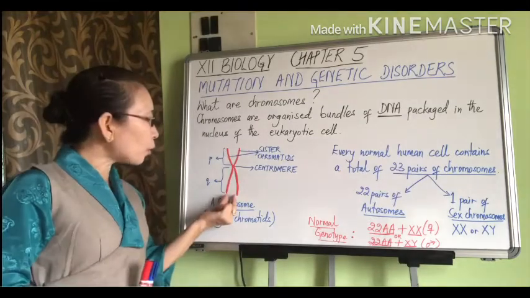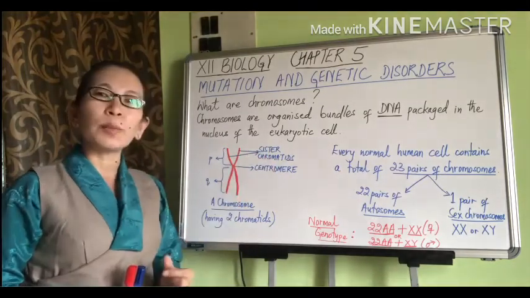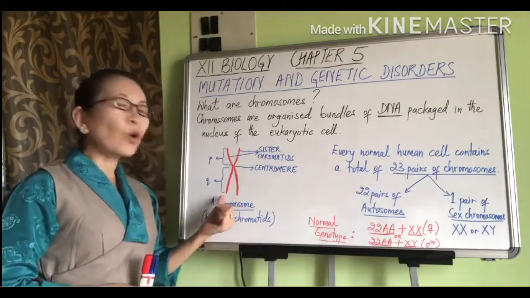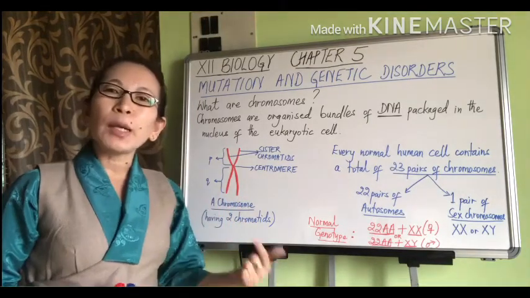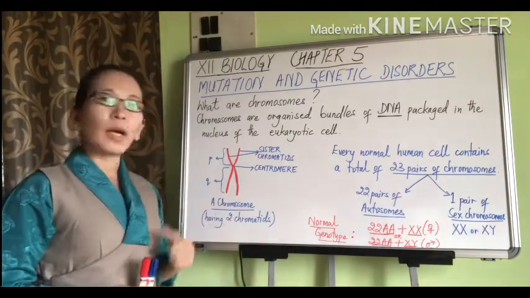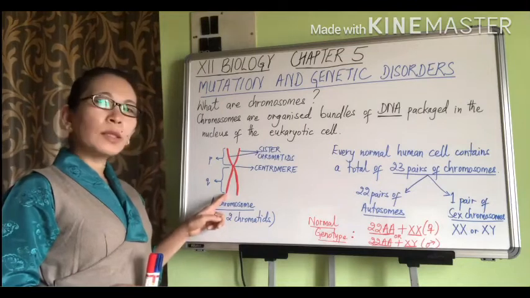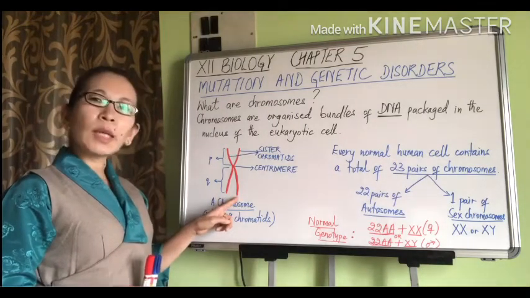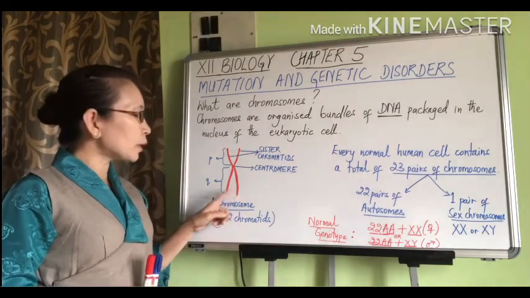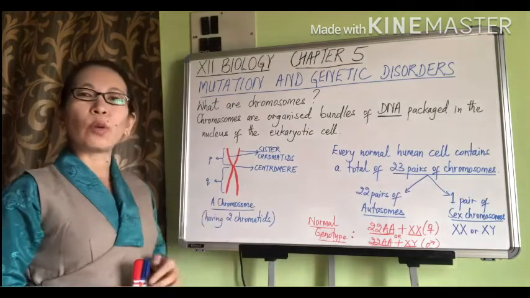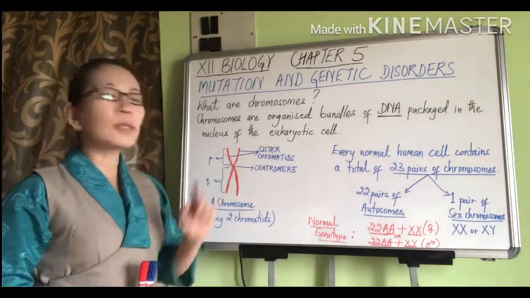These 2 chromatids are referred to as sister chromatids because they are exact copies, exact replicas or duplicates of one another. So this chromatid is an exact copy of the second chromatid, and that is why they are known as sister chromatids.